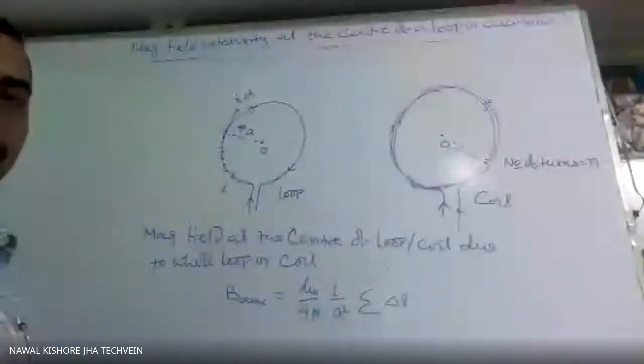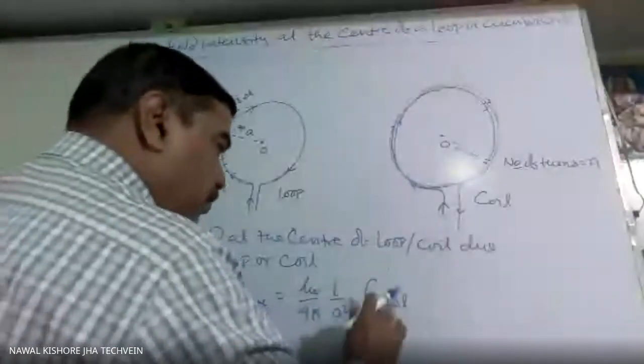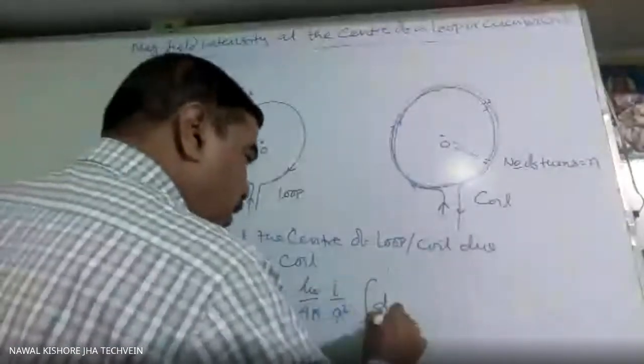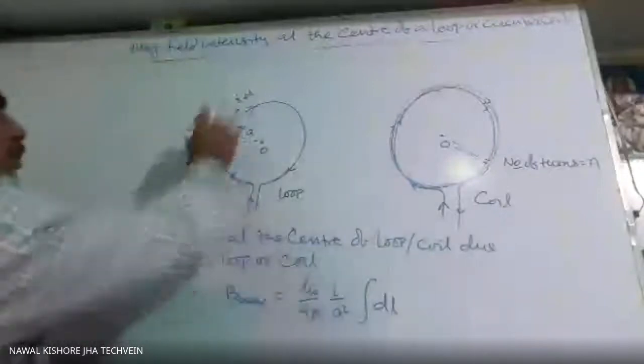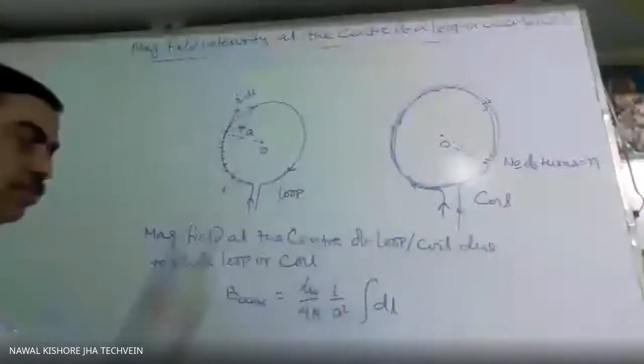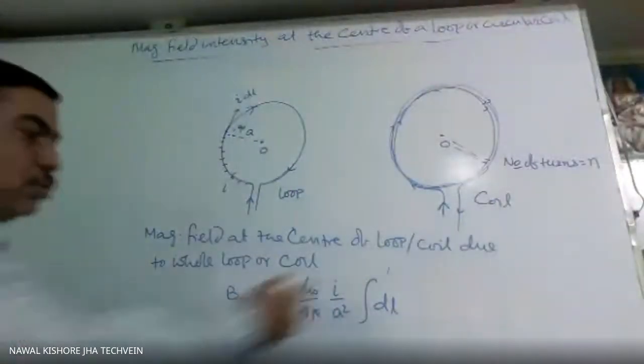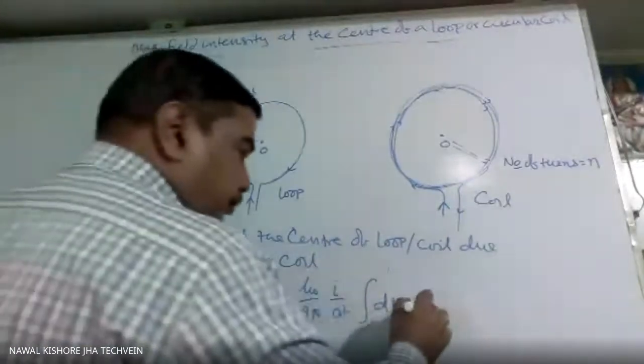So integration of dl or summation of dl, if you are interested in integration, you will take this one, dl only. Then here also you have to change. This will be I dl, you have to take the previous step. Also you have to change dl. So what will come now?